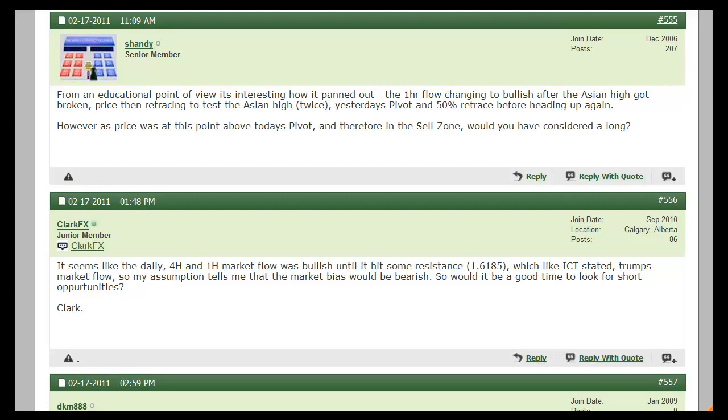So I say all that to say that your daily and 4 hour support and resistance levels, okay, don't look at these levels and expect intraday trading to give you so many opportunities, because you want to be moving in a direction of where price on the 4 hour and daily chart are trying to reach to.